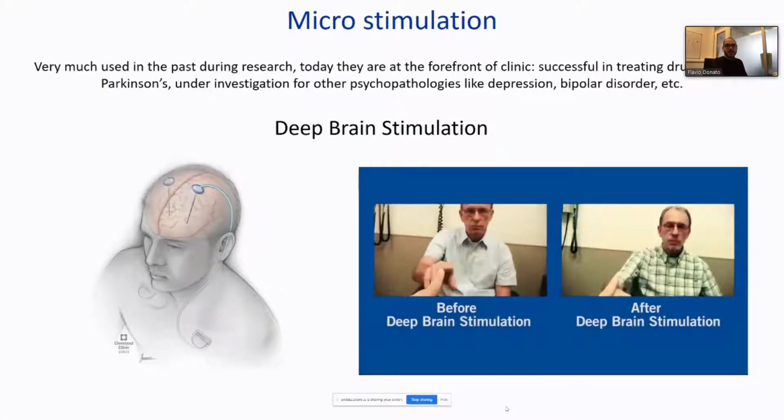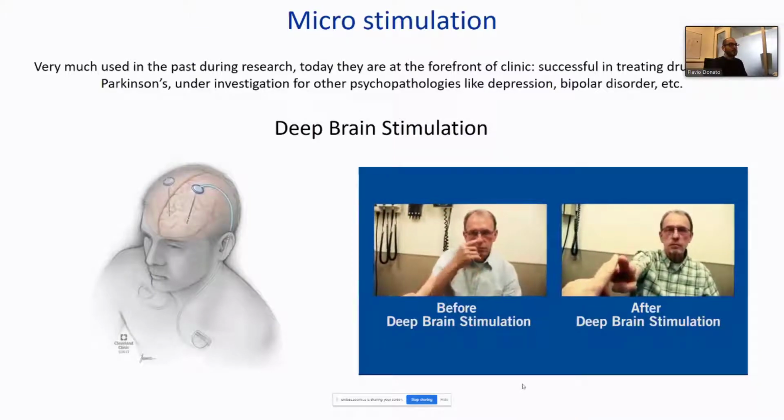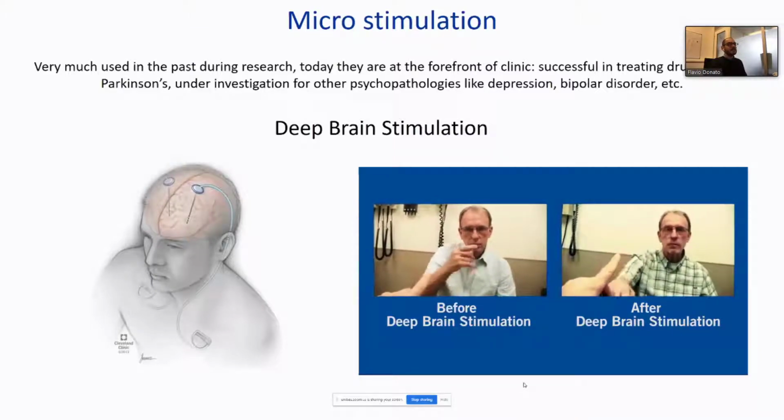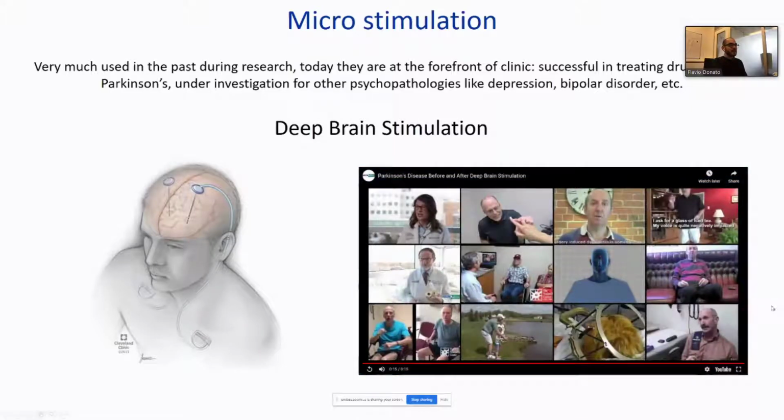So the results are really black and white. We don't know really why. I mean, the aim is to stimulate the part of the brain that is understimulated because of the loss of the dopamine neurons. But the results are really changing the life of the people that are subjected to this type of treatment. So it's actually very nice for the clinic.